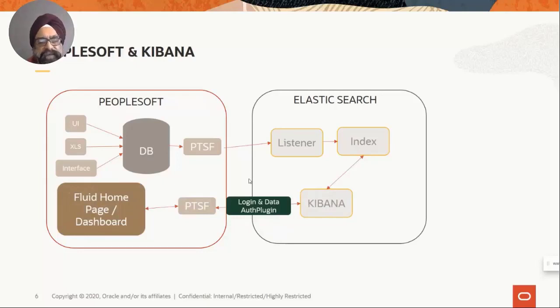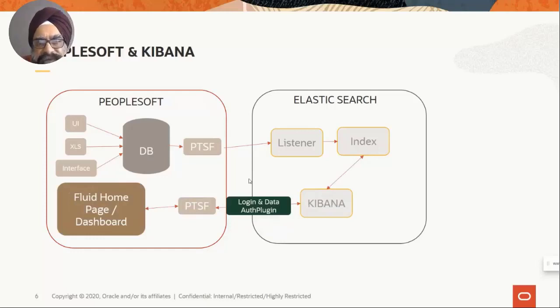So if you only have, let's say, BU1 and BU2 access, it's only going to bring in the data for BU1 and BU2 and then display it on your page. We'll go through some of these screenshots, which will probably make this more clear. But that's a very simplistic view of how we've implemented Kibana in the PeopleSoft framework.